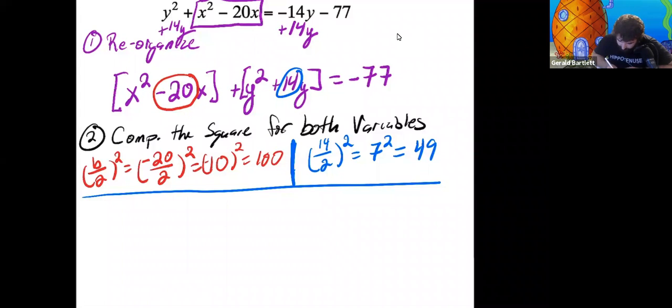So our big rewrite, let's look at purple. I've got x squared minus 20x. What we did in the red was find the b there, so plus 100 minus 100.